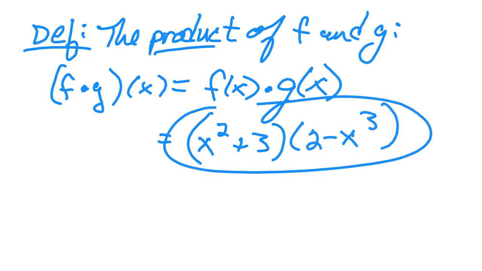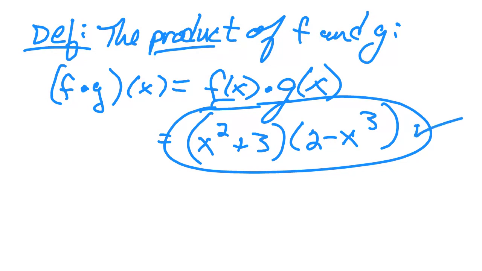Okay. Once again, the domain of f is all reals and g is all reals, but the domain of f times g, the product of f and g, is also all real numbers. There's no x's that are going to be excluded. We're going to be able to keep those in there. And anyway, you know, the book's going to probably multiply this out.